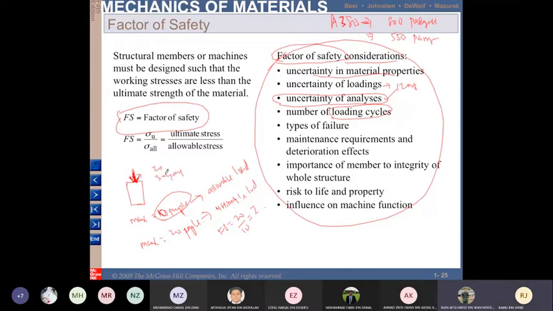Within these 20, 30 years, how many times will the lift move up and down, and during the moving up and down, how much load will it carry each time it moves? So this has to be included. This is what it means by loading cycle.